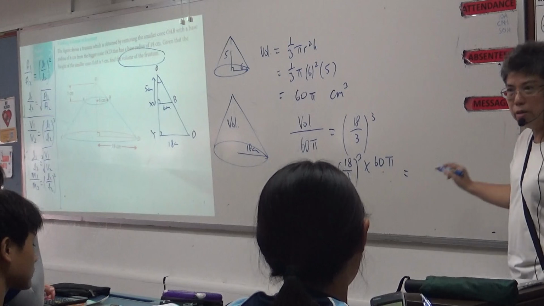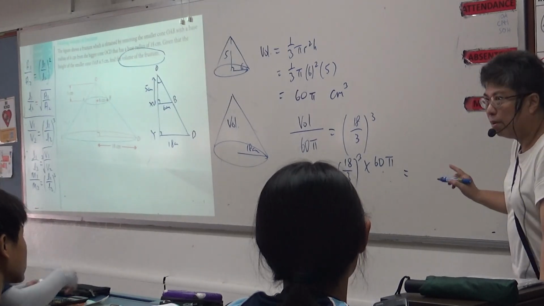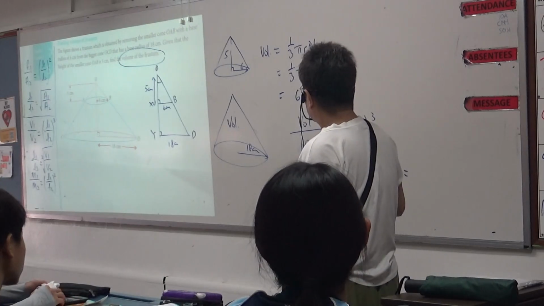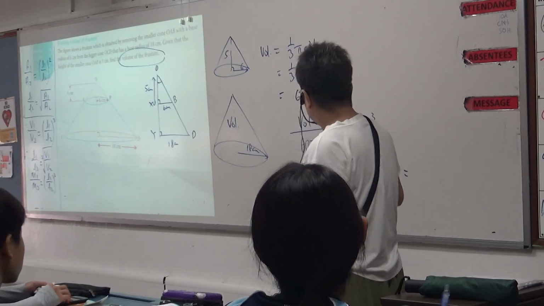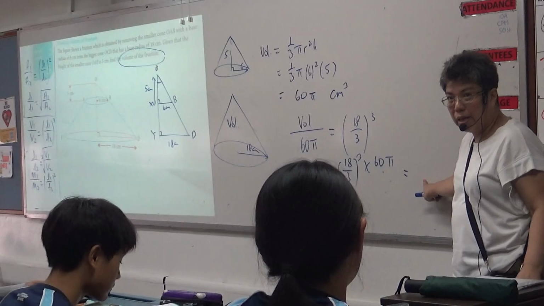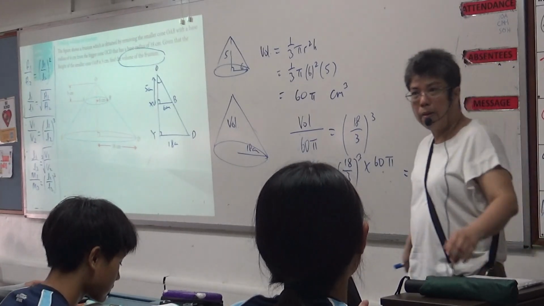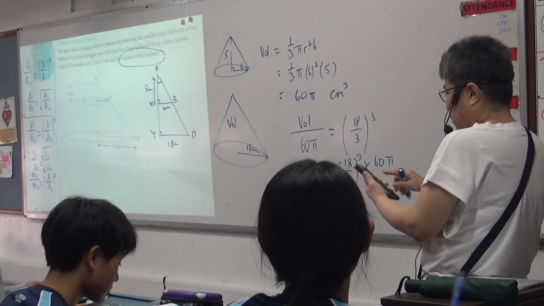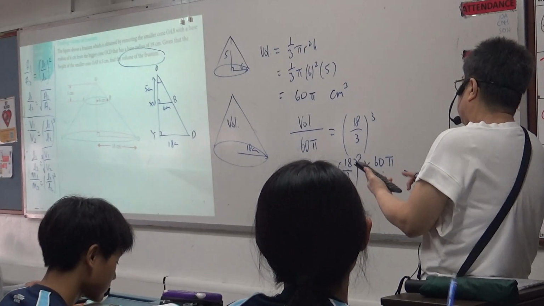Cannot be. It should be about the same. I think because you put a 3 there instead of 6. See, the base is 6. You give me in terms of pi, is it? If you put 18 over 3, that's why. So it's 18 over 6.